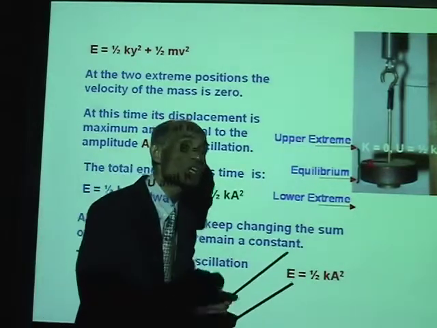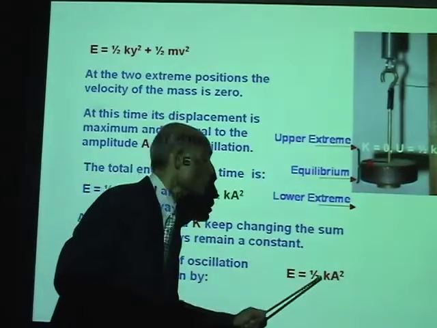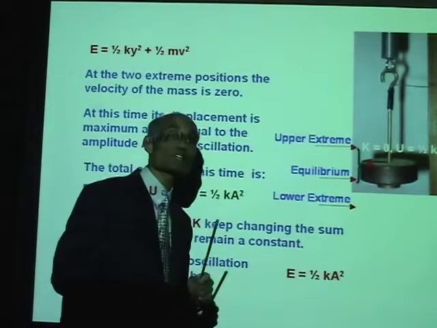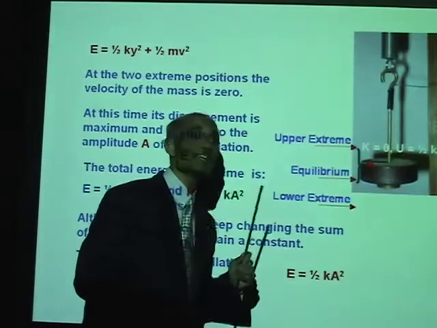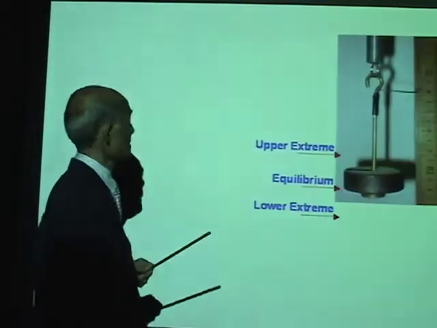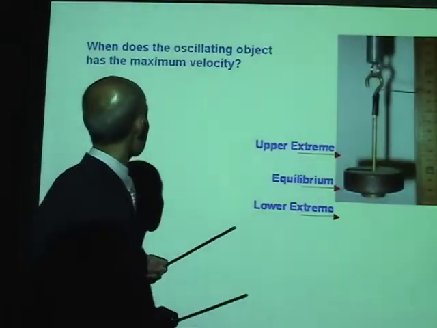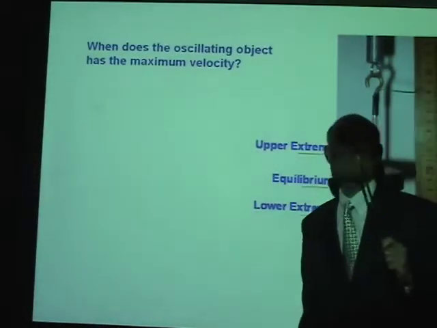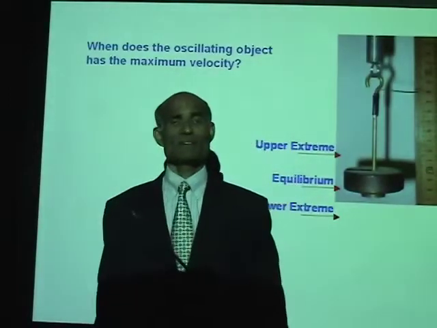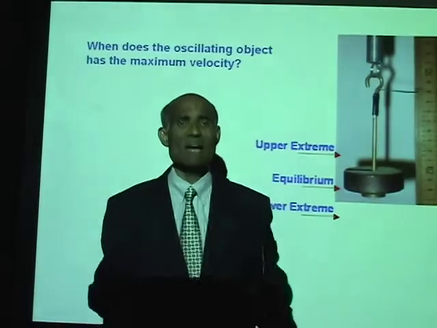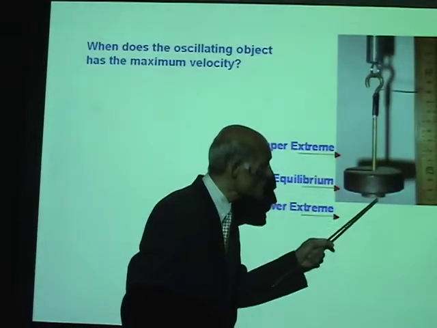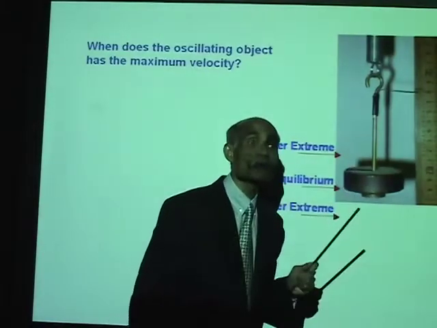This is particularly important for oscillations of a loaded spring, where k is the spring constant and a is the amplitude of the oscillation. When does the oscillating object have a maximum velocity? Tell me, when do we have maximum velocity? Maximum velocity occurs as the object reaches the equilibrium position.